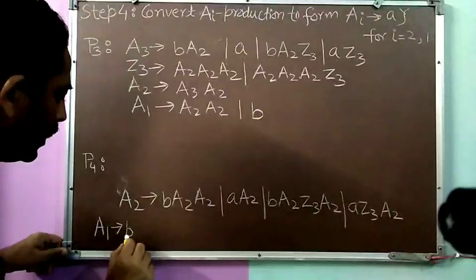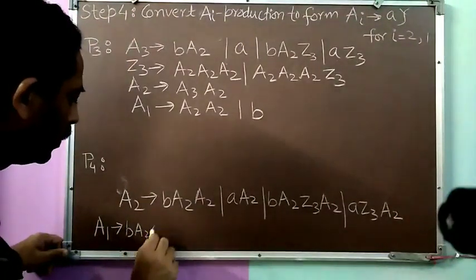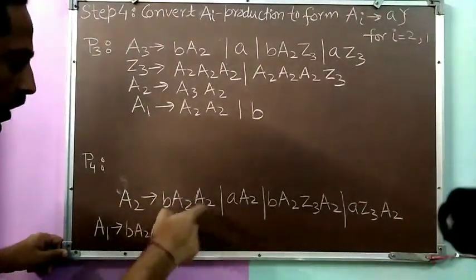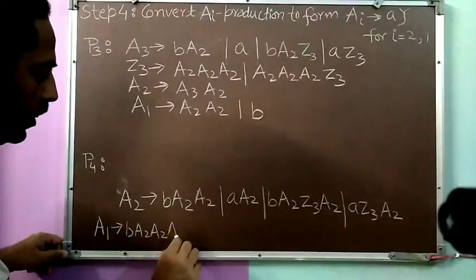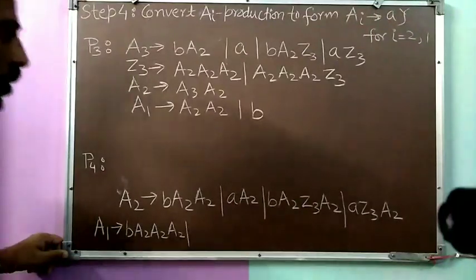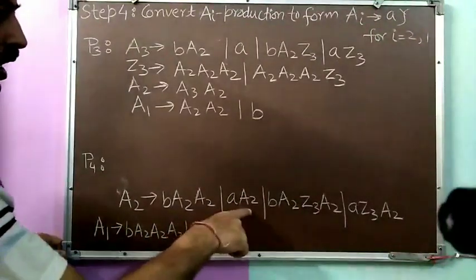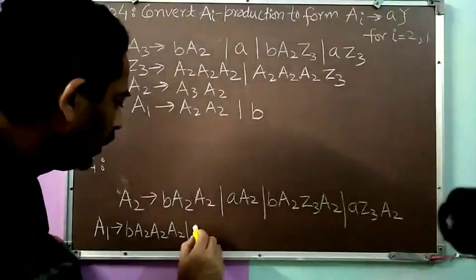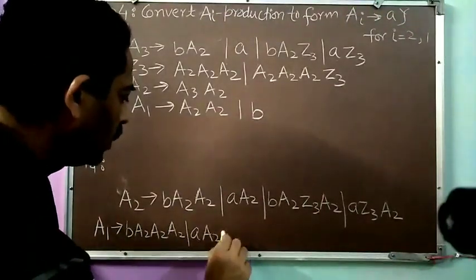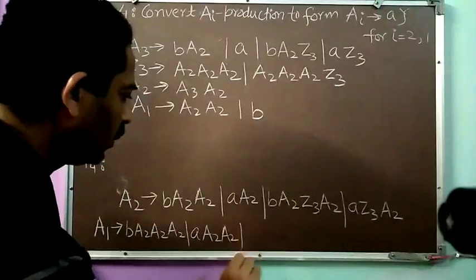BA2, A2, this we have taken from the value of A2, and then after that we put one more A2. And then similarly AA2, and after that we put an A2.